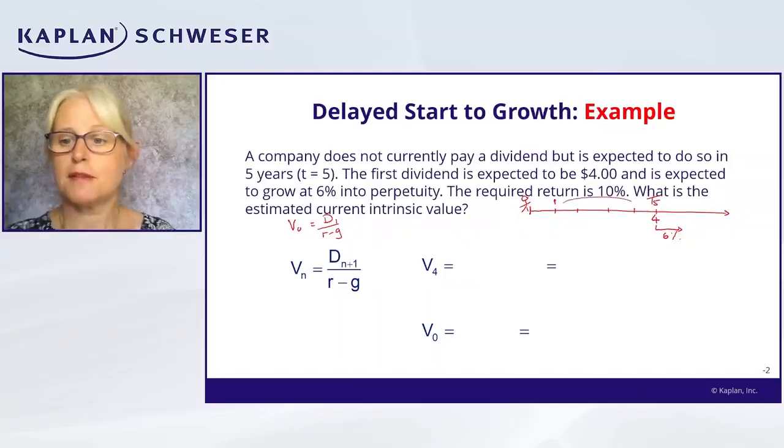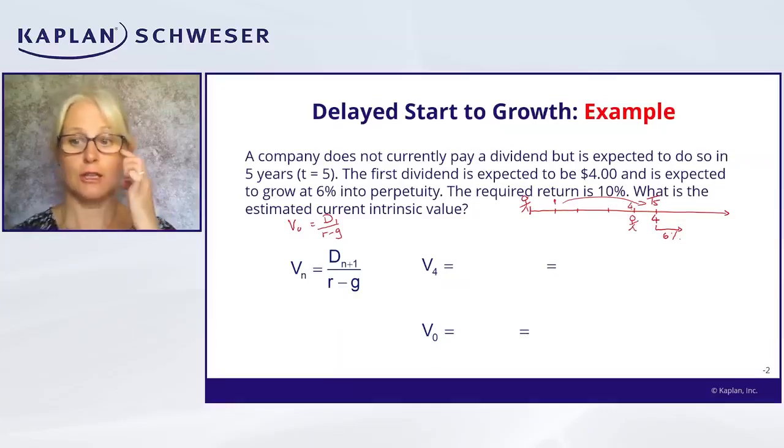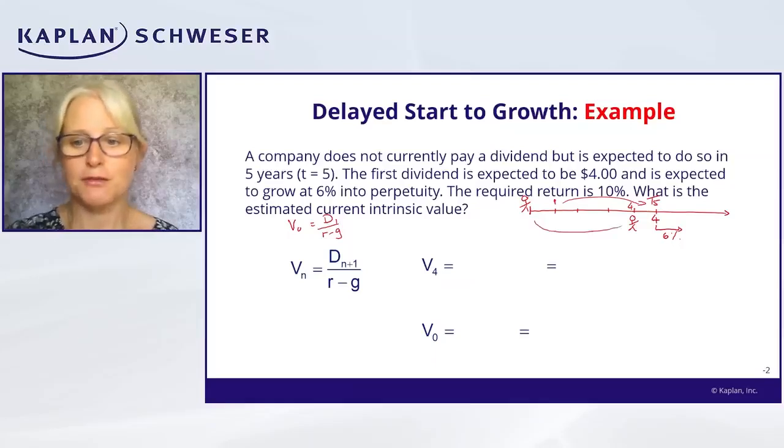So I'm looking at time 5, so I am factoring in a 4-year delay. Another way of bringing in the 4 is to say it's as if you had a time-travelling investor who was stood at time 4 looking at that future stream of dividends. So we can value the future stream of dividends in their eyes and then bring that back 4 years to the start. They end up in the same place.